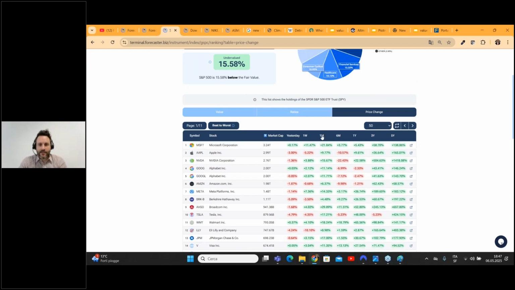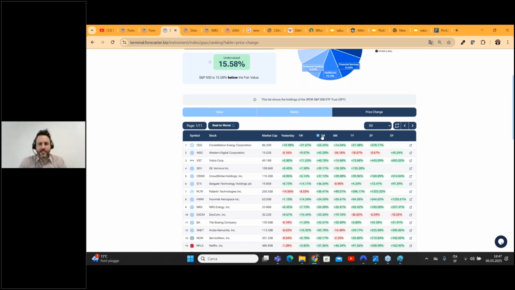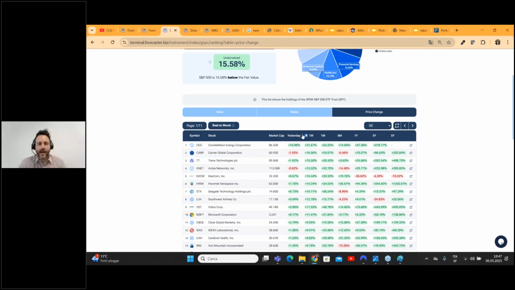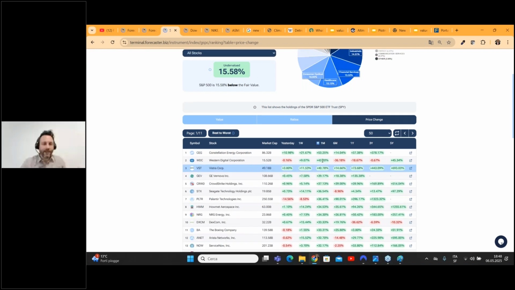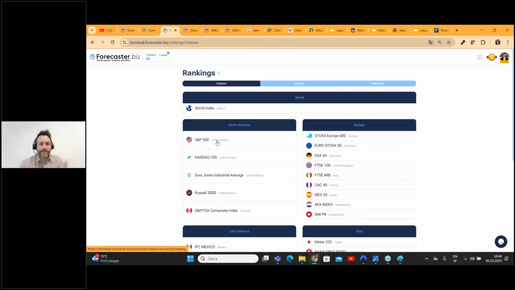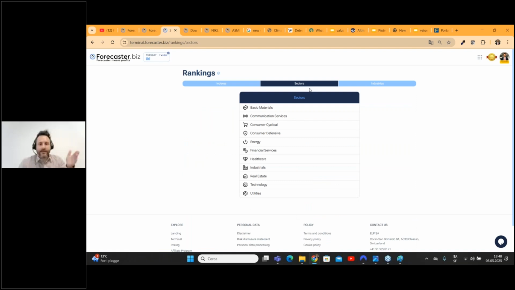And this is something really interesting, because you can find really nice opportunities watching, for example, which are the best performers of the last week, which are the best performers of the last month. I mean, this is a tool, the ranking, that allows you to screen an entire market, an entire sector, an entire industry, just at your fingertips.